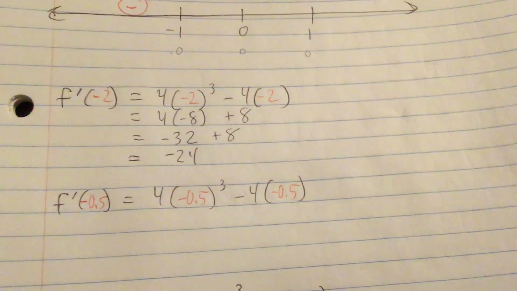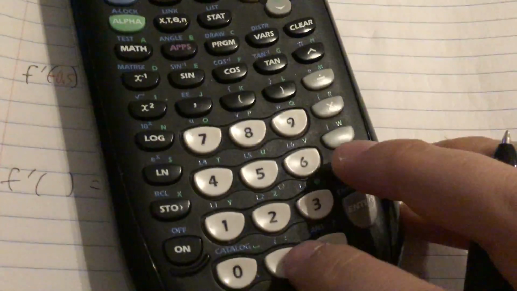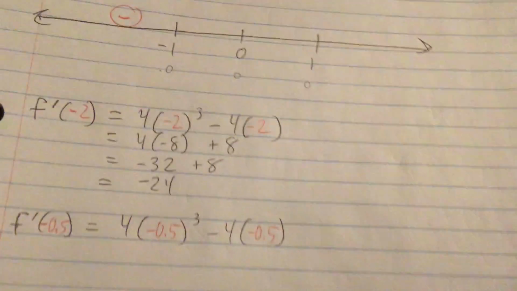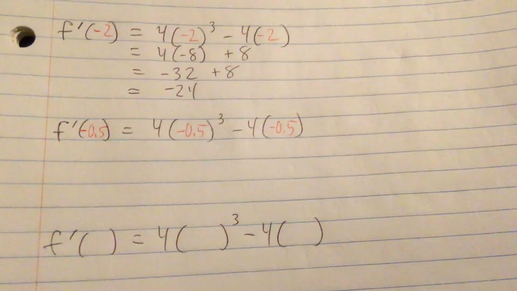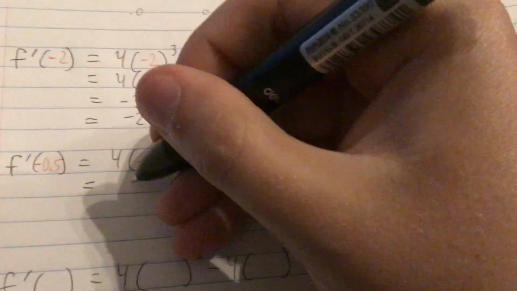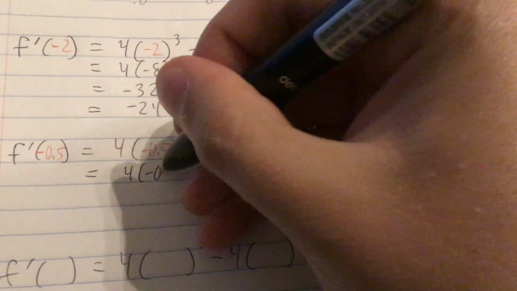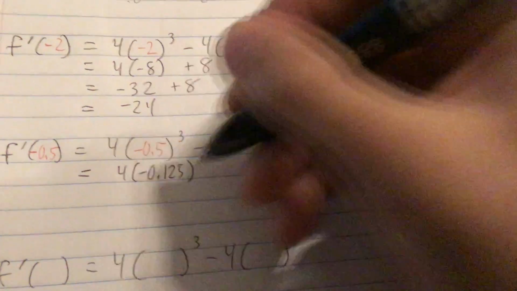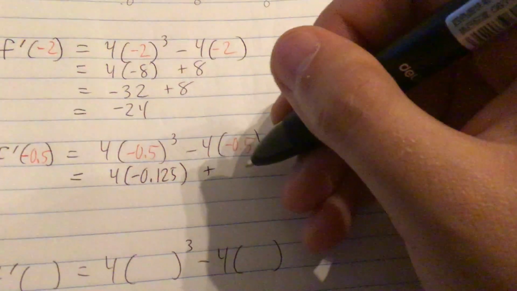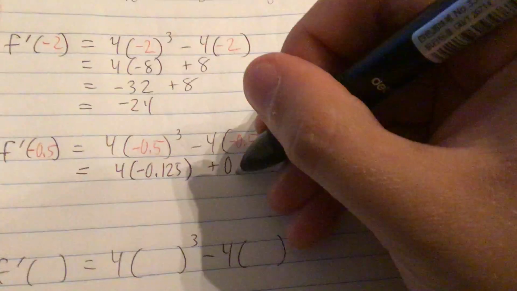So I get my calculator, negative 0.5 quantity cubed. That'd be negative 0.125. Well, I'm just going to eyeball this. And then half of negative 4, that'd be 2.